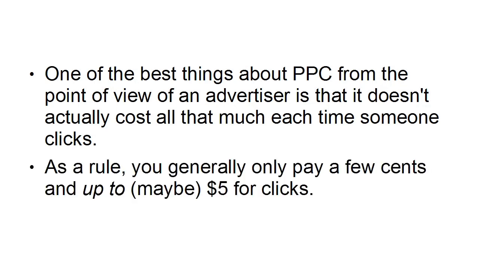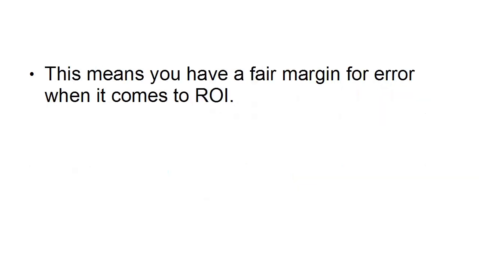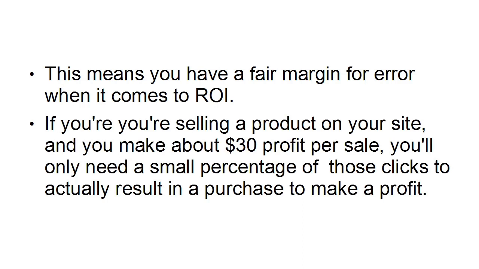As a rule, you generally pay only a few cents and up to, maybe $5 for clicks. And this means you have a fair margin for error when it comes to ROI, or return on investment. And if you're selling a product on your site, and let's say you make about $30 profit per sale, then you only need a small percentage of those clicks to actually result in a purchase to make a profit.